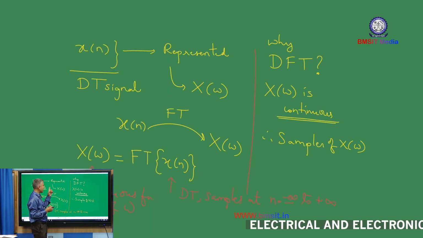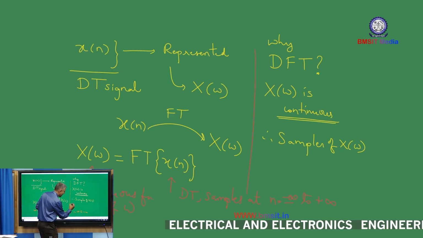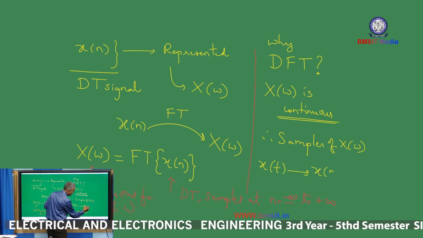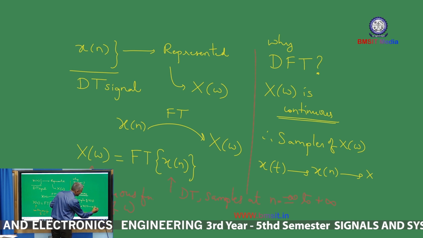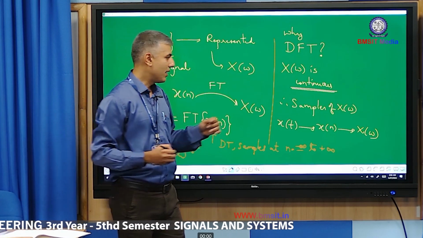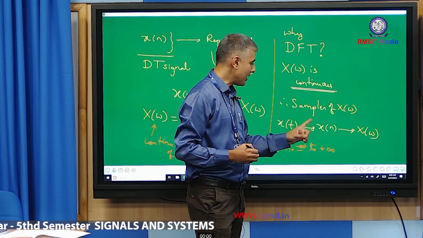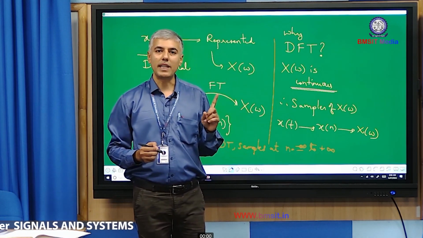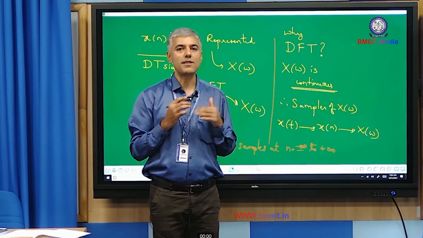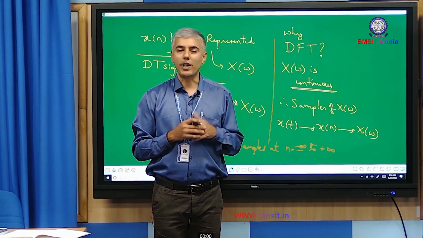So, our purpose of converting x of t to x of n and x of n to x of omega is satisfied, because we will be able to process a continuous time signal x of t using only the samples of the Fourier transform.